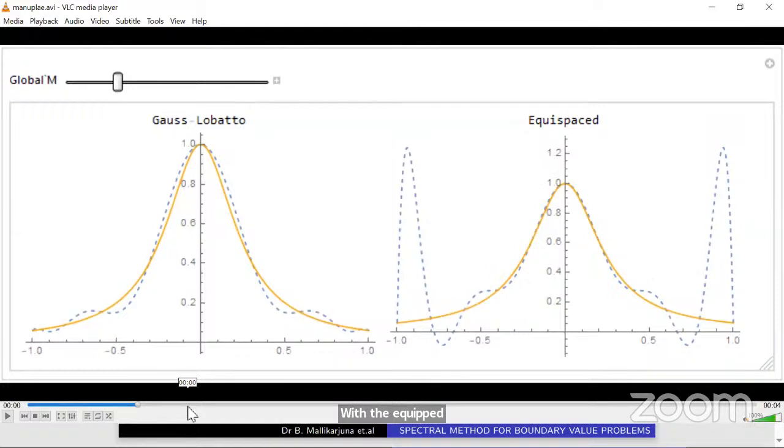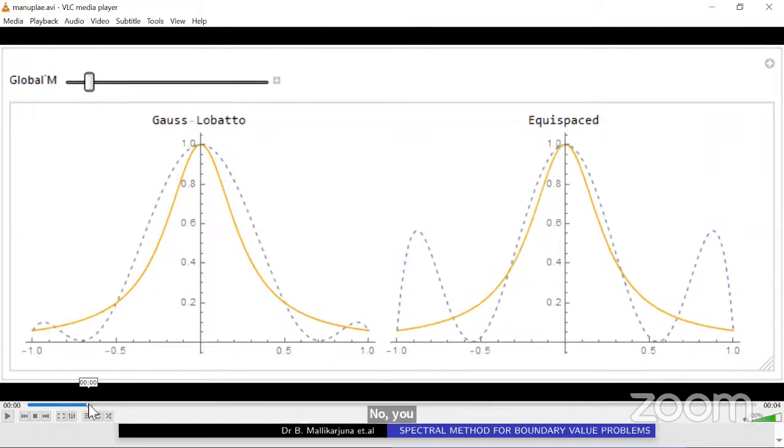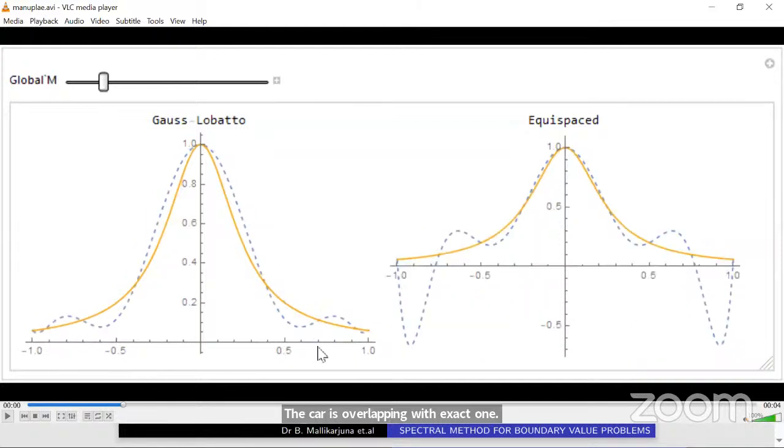Initially we feel that with the equispaced points, in between the domain the curve is overlapping with the exact one, but near the endpoints it shows a drastic change, much variation between the exact and the approximation.